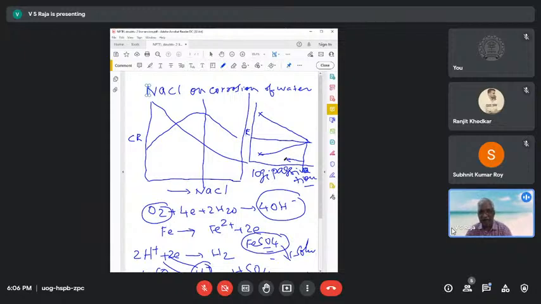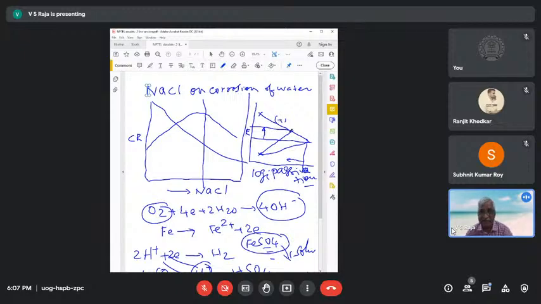How can the I corr come down like this? The I corr can come down to this value if this curve can go up like this. If it goes up like this, please look at what happened to the E corr value. The E corr value moves from here to this. That means it is going in a positive direction.